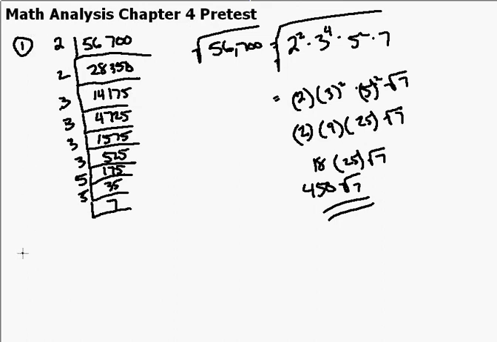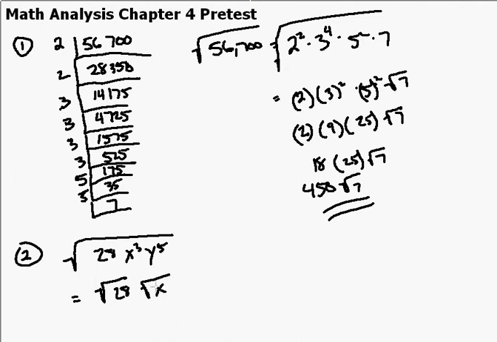Number 2, they ask you to simplify the following expressions. So if I have the square root of 28x cubed y to the 5th, that's going to be equal to the square root of 28 times the square root of x cubed times the square root of y to the 5th.